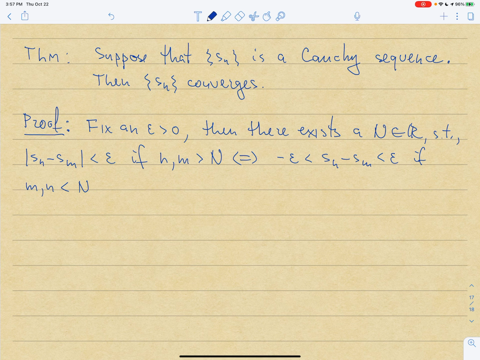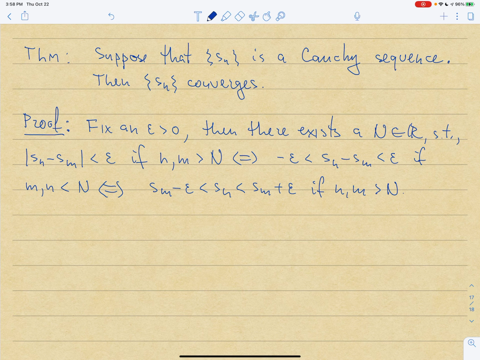So the equivalent statement to this one is that Sm minus epsilon is less than Sn less than Sm plus epsilon. Again, if both n and m are greater than capital N.